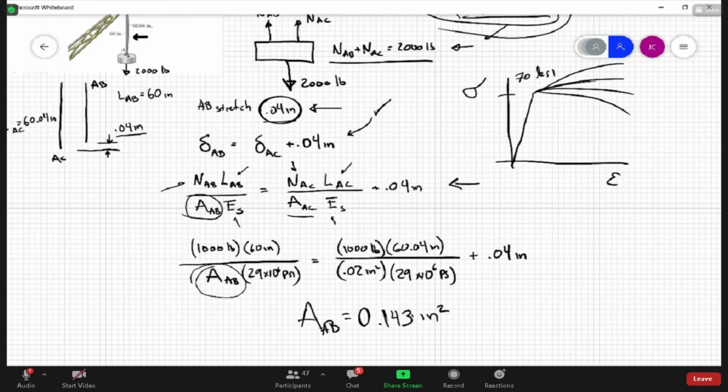So this number here, I got this to be 0.104. And then we add the 0.04 on top of that, so this whole thing is 0.144 inches. Then let's figure out the 1,000 and divide by that. Let's swap.